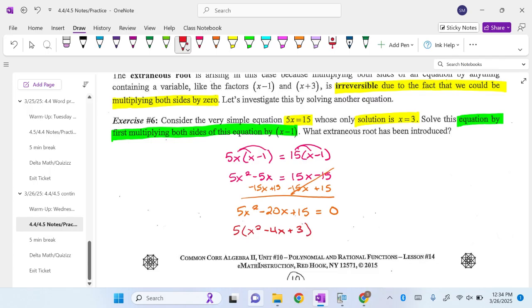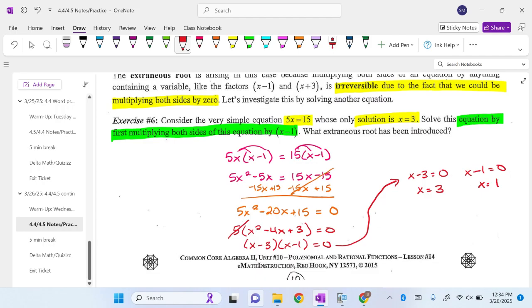If I eliminate the GCF and factor it, I would get x minus 3 times x minus 1 equal to 0, which if I then set both of them equal to 0 to solve, I get x equals 3 and x equals 1. Those are my two solutions if I did it that way.